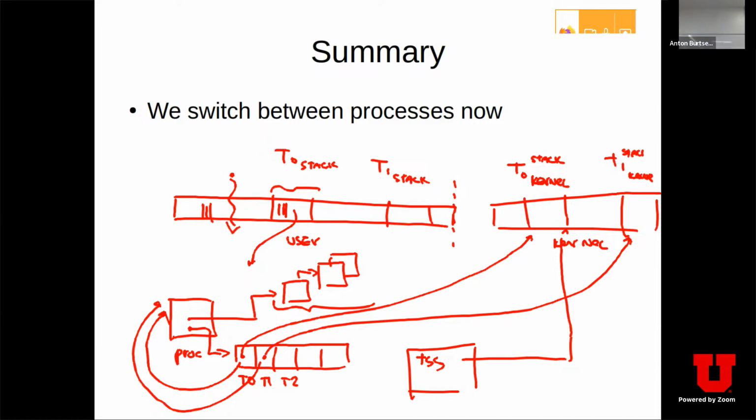Any questions about threads? The observation here is that those are contexts of execution, right? T0 and T1, which are sharing the address space. So essentially they can access the same memory. But there will be only one page table, right? And only the stacks will differ.